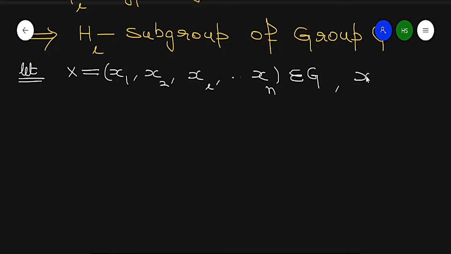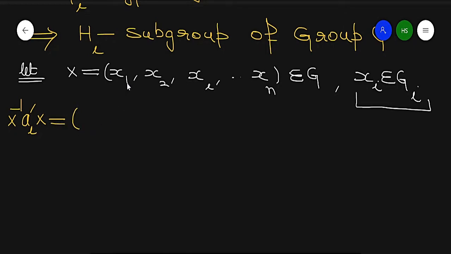It means each xi belongs to Gi, because G is the Cartesian, the direct product of G1, G2 and so on up to Gn. Now to prove it normal, I take x inverse and the second element from Hi. So I take ai dash. So here it is xi. So I substitute its value.